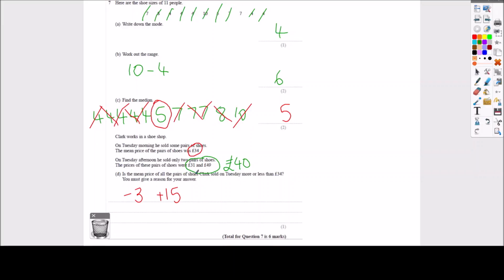So is the mean price of the pair of shoes sold on Tuesday morning more or less than 34? So the mean price for all shoes is greater than 34.